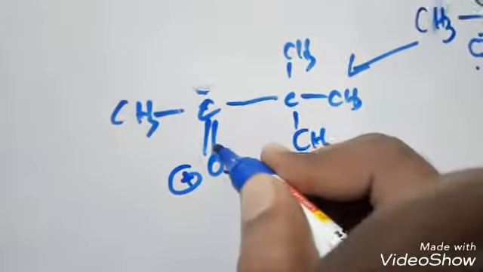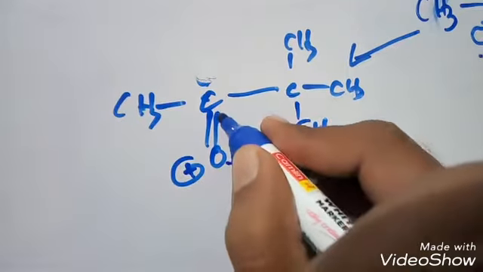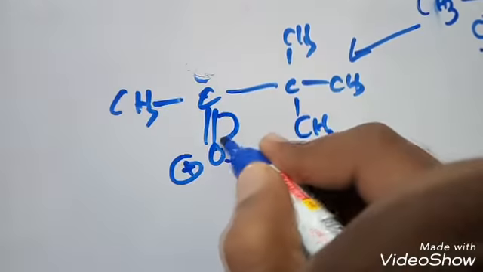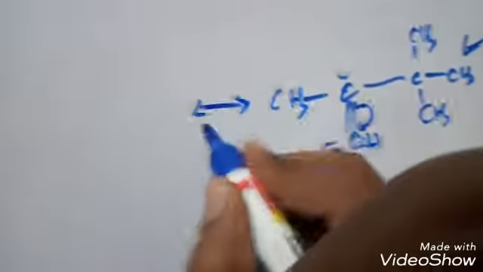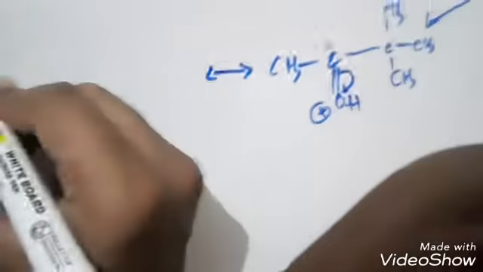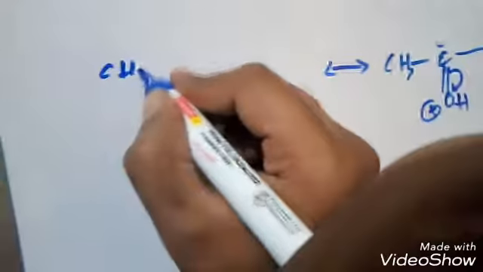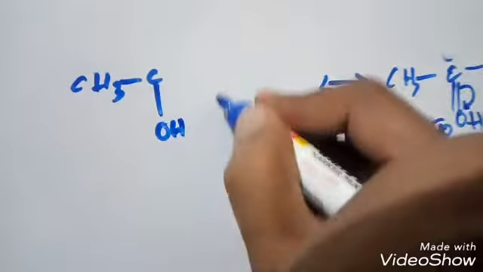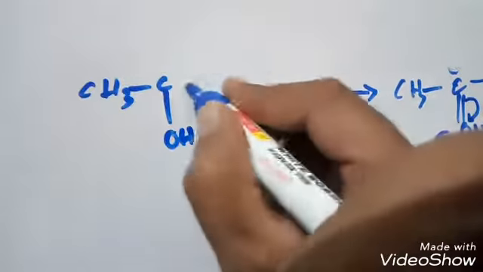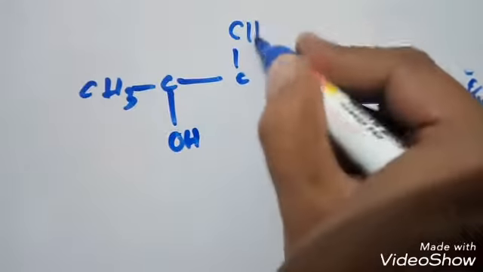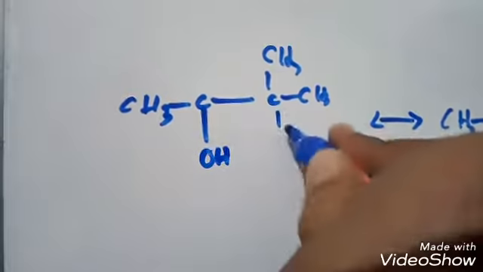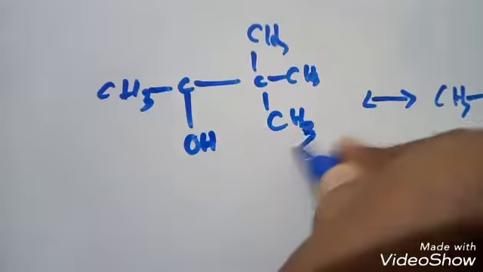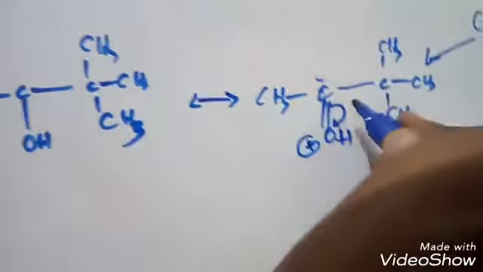And we know that the electronegativity of oxygen is more, so the electron again can be pulled here by the oxygen, and a resonance structure is forming here, CH3 COH, then here CH3 CH3. Okay, what is shown here, these are both resonance structures.